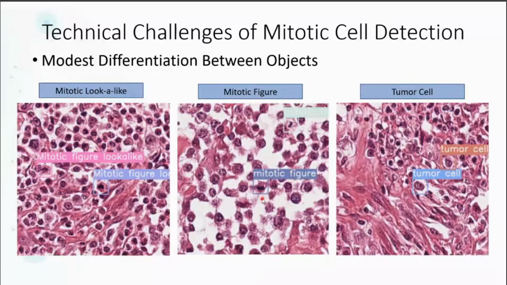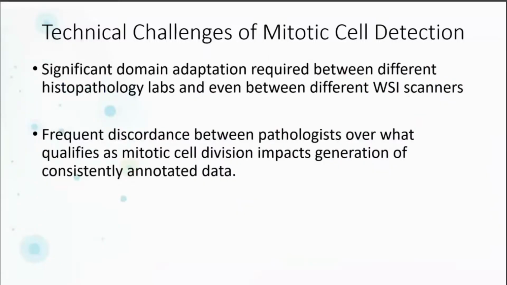Here at the center is a genuine example of mitosis. And then on the right is an example of a tumor cell within this same piece of tissue. So we're not dealing with a fridge dataset here as far as differentiation between the objects. And that's one of the challenges of the domain as well.